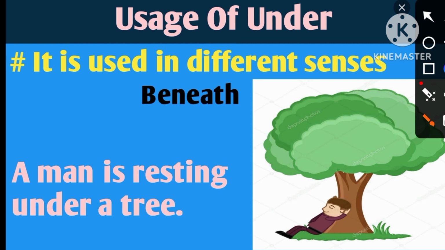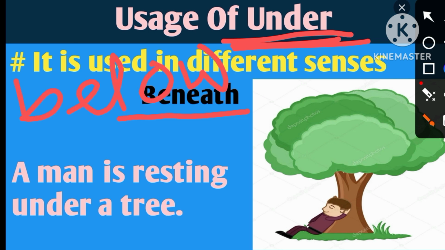Whenever we use the term under as a preposition, it conveys the meaning of beneath or below. And my dear friends, I have written here one example. You can see a man is resting under a tree.